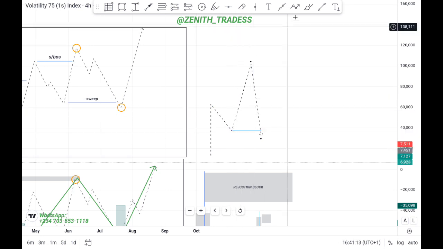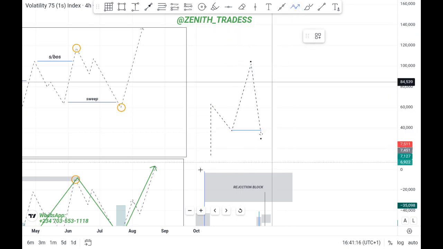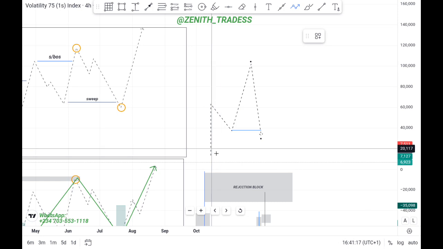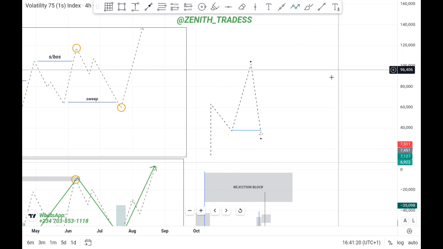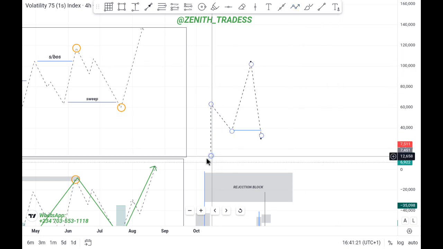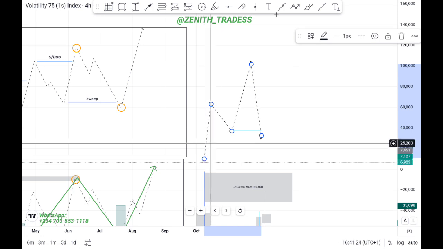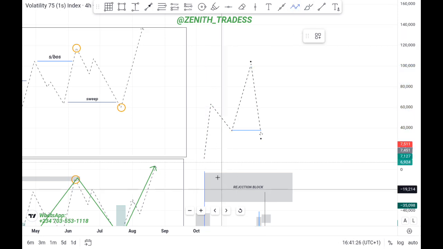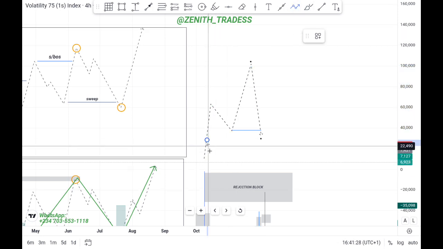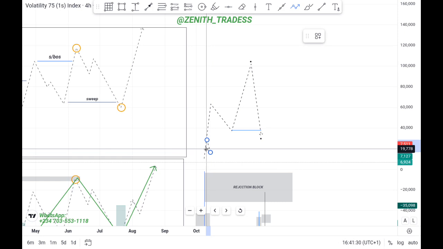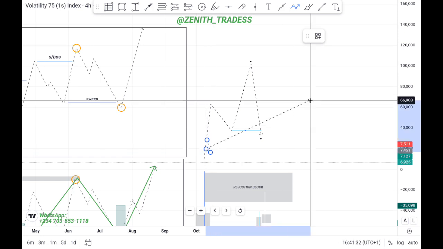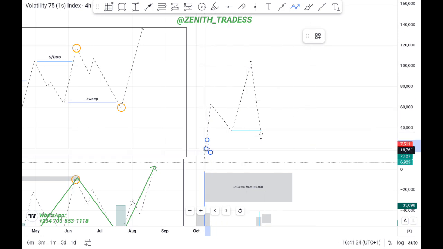Now, there are sometimes price will create what we call structural inducement. Maybe before the movement of this impulsive move, there is a little pullback here, right? So sometimes price will come back for this structural inducement, or some people do call it engineered liquidity. It's not in all cases actually, but sometimes prices do this.